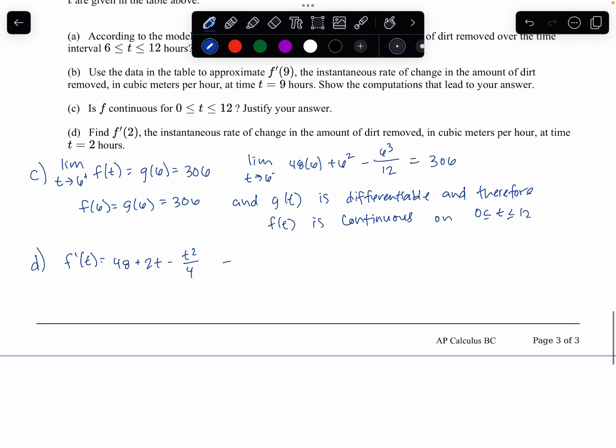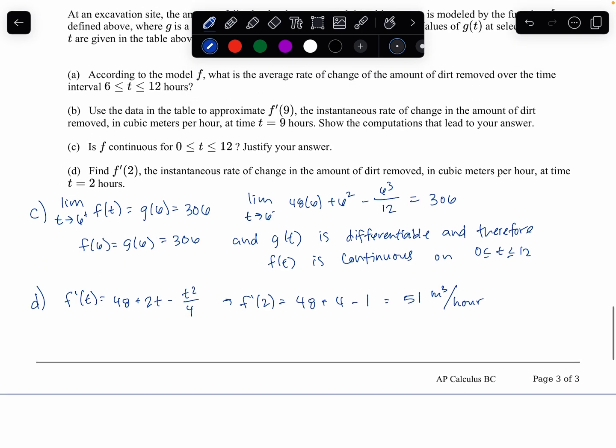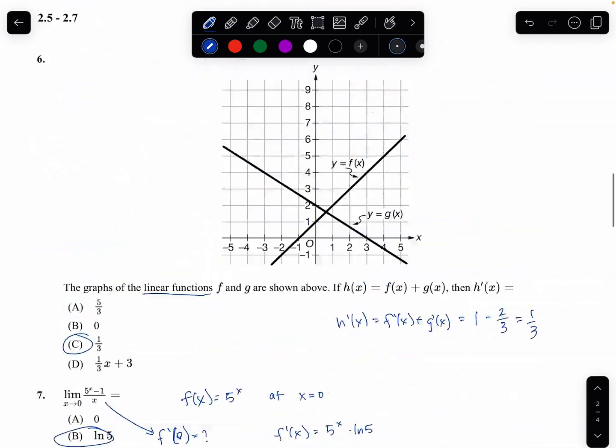Okay, and then I want f prime of 2, so that's going to be 48 plus 4 minus 1, right? So that's going to be equal to 51 meters cubed per hour. There you go. That's f prime of 2. Okay, and that's everything for this homework assignment.